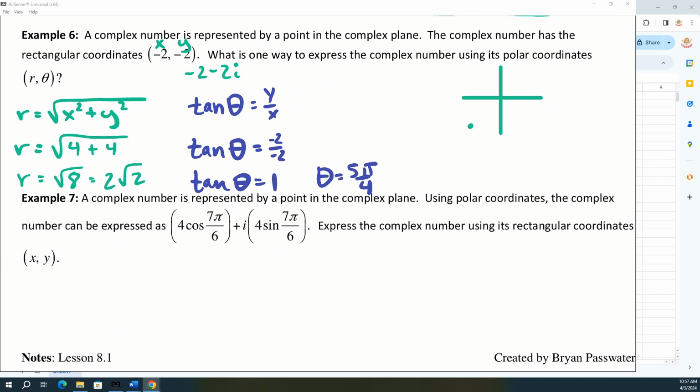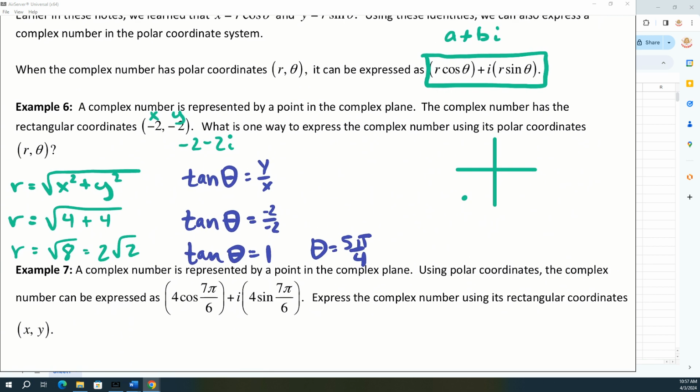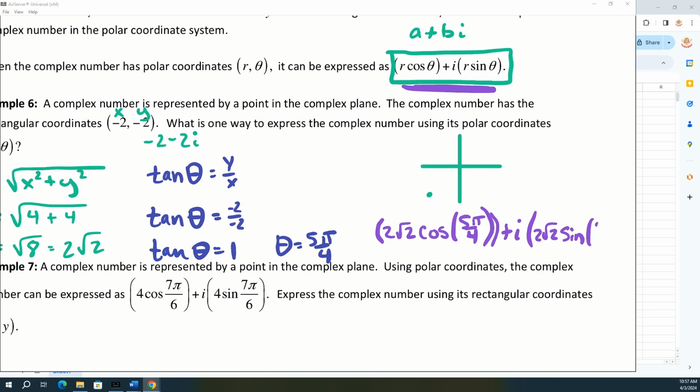Okay, so we have found our R and we have found our theta. And what we did yesterday, we would just write that as an ordered pair with the R and then the theta. Today, we're going to write it like this. We would start off with our R, which is 2 square root of 2, cosine of theta, plus i, and then our R again, sine of theta.